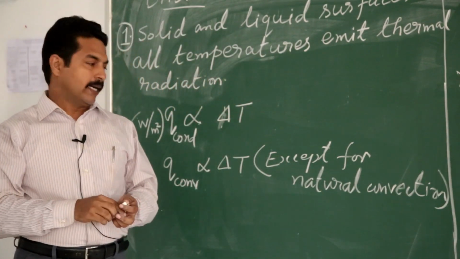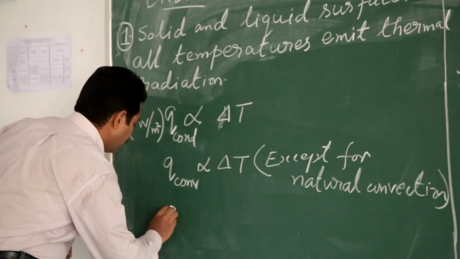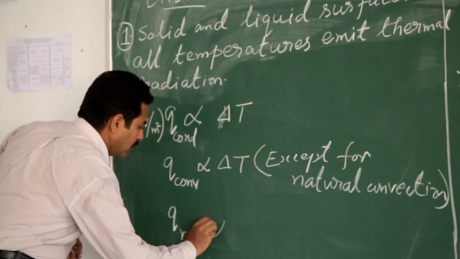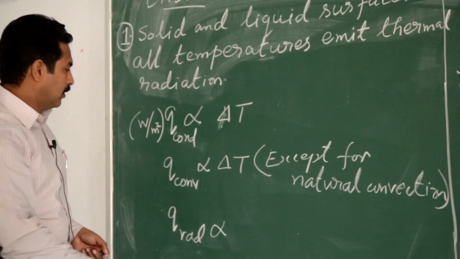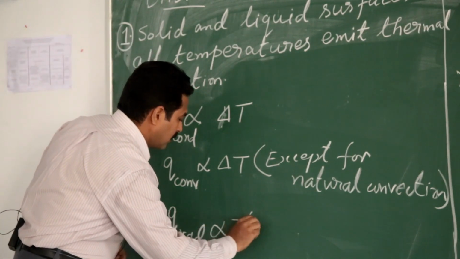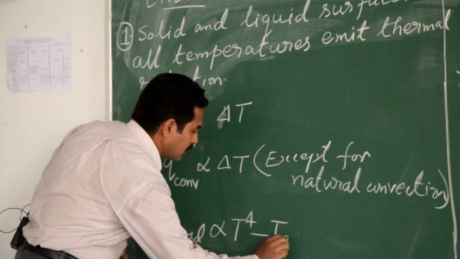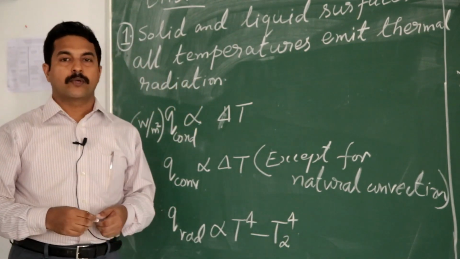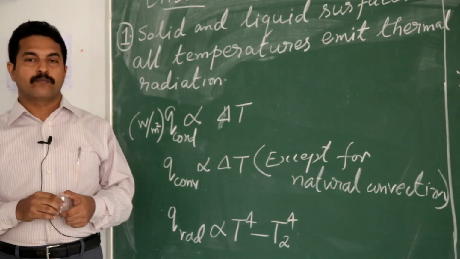But in the case of radiation, the heat transfer Q can be written as T raised to 4 minus the surrounding temperature raised to 4. It is proportional to the fourth power of absolute temperature.